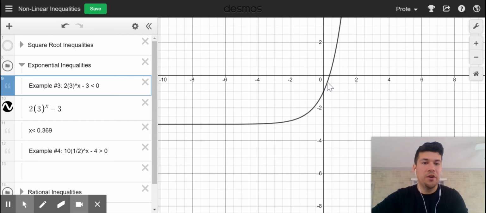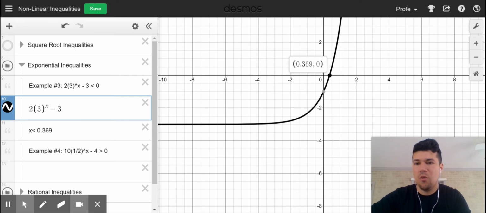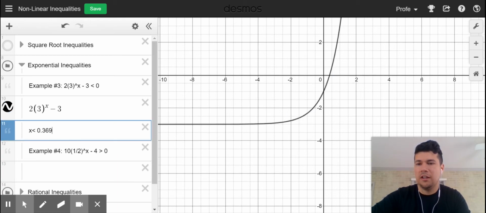If the question were greater than 0, then we'd list the domain that is above the x-axis. All right. So once again, I locate my 0. It's at 0.369. And I say, well, the function is less than 0 for x's that are less than 0.369. All right. So that is my solution. And I leave you an example for you to try on your own.